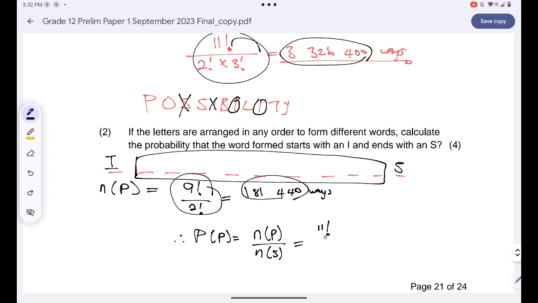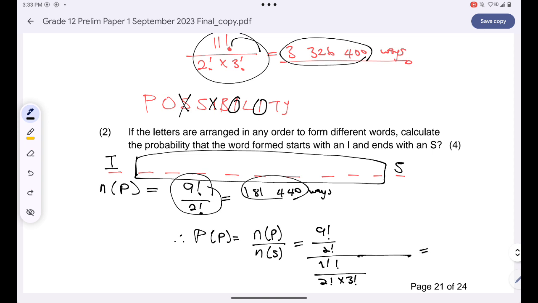That's 11 factorial. This is going to be 9 over 2 factorial, all divided by 11 factorial over 2 factorial and 3 factorial, right?